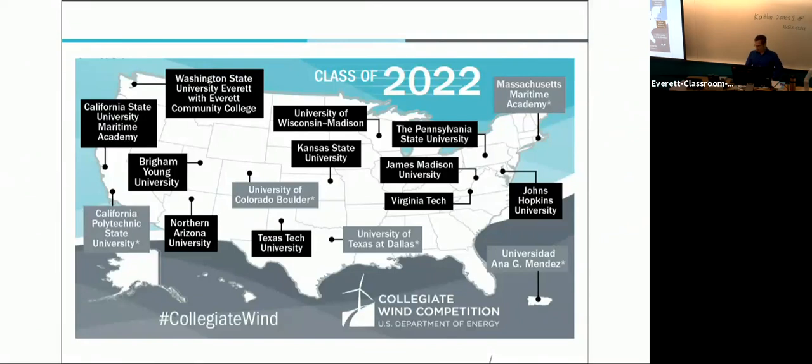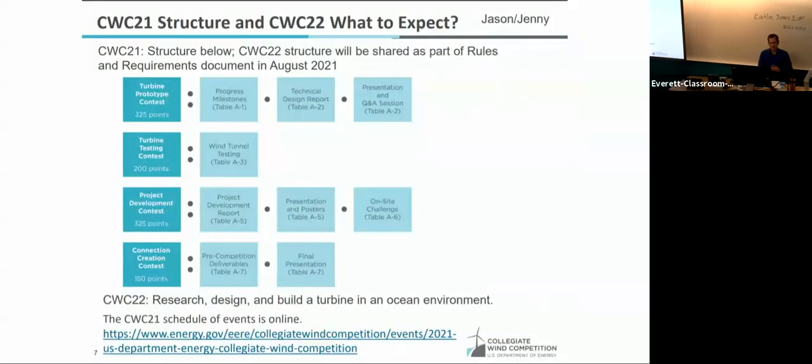There are 4 parts to this competition. There is a building a turbine prototype part of the contest. There is a turbine testing part, which will be done at the physical competition. There is a project development portion, which I'm really hoping students who are not located in Everett can definitely play a part in, since it's hard to do a remote team.